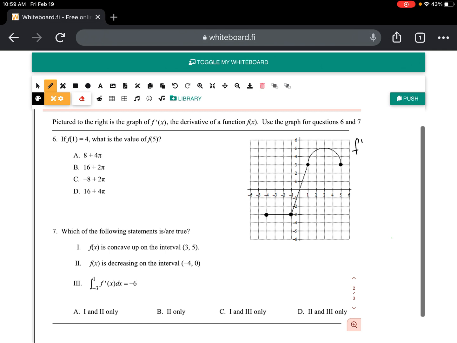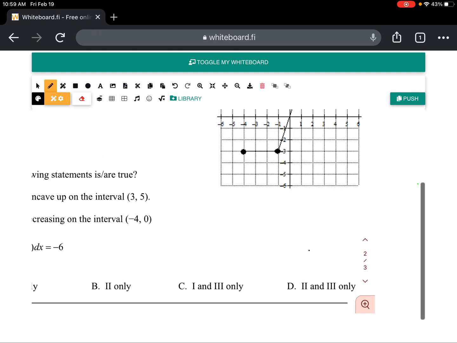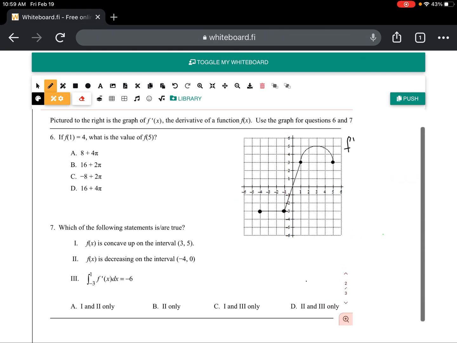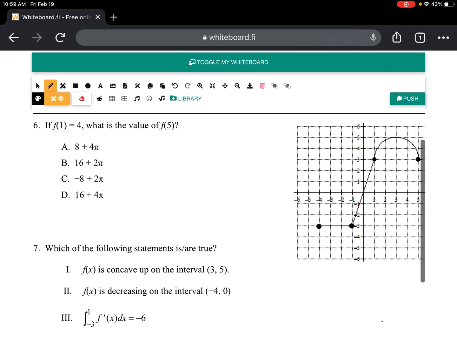6, if f of 1 is 4, what is the value of f of 5? We've seen these all over the place. This looks a lot like fundamental theorem of calculus. So to set this up, we are going to do that f of 5 minus f of 1 thing. Okay, I set that up on the right side, and then that helps us draw out the integral on the left.